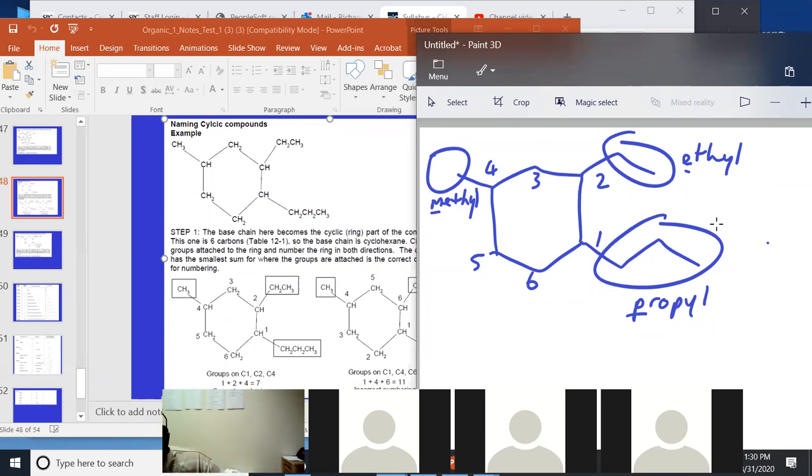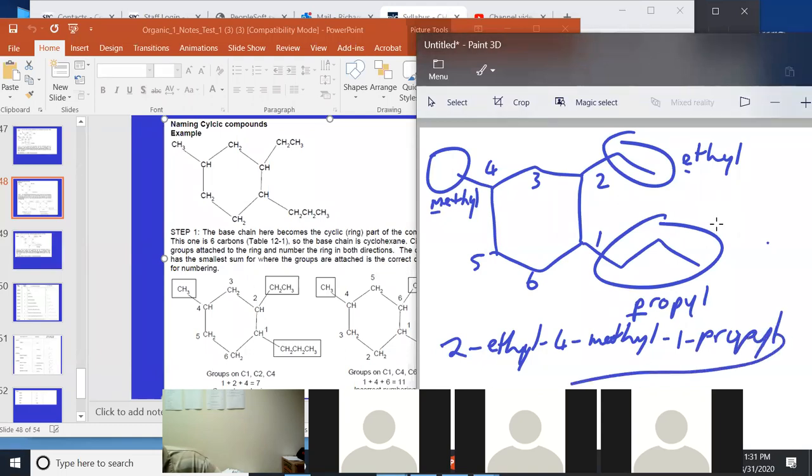So it would be 2-ethyl, and then 4-methyl, and 1-propyl. And it would be cyclo, it's all one part of the name.